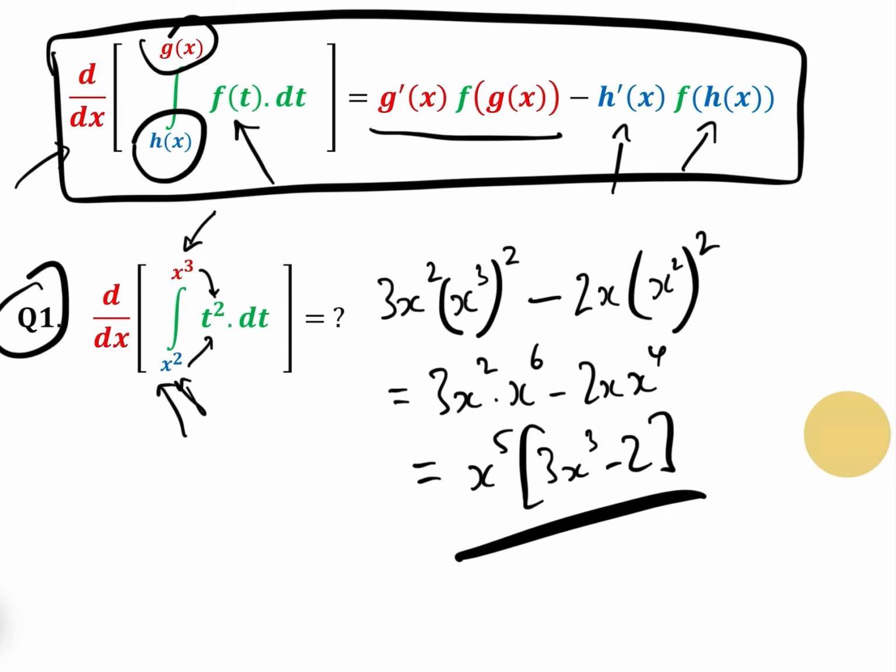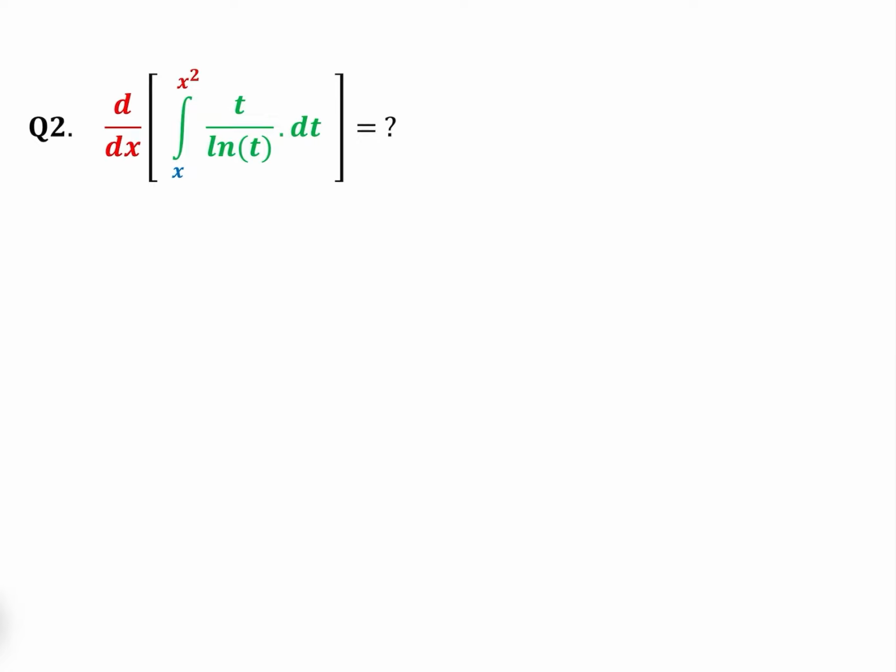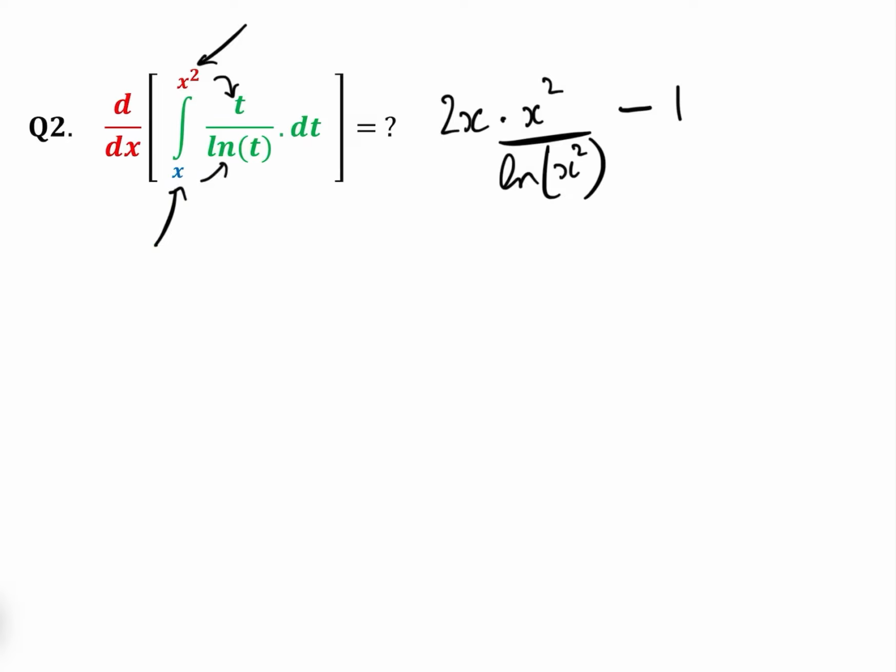Okay, so let's have a look at question number 2. Anybody who wants to do it now, pause the video. Again, it's exactly the same rule. It's going to be the derivative of that, which is 2x, times, replacing the t by x squared, which will be x squared over log of x squared, minus, now let's look at this one, the derivative of x is 1, times, replacing the t by x, which will be x over log x.